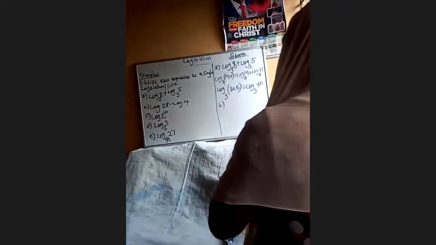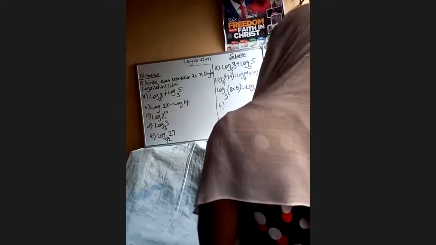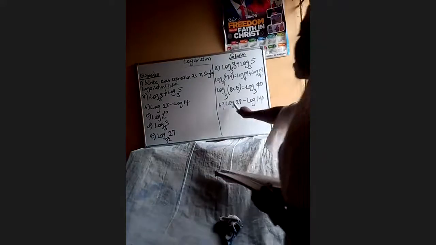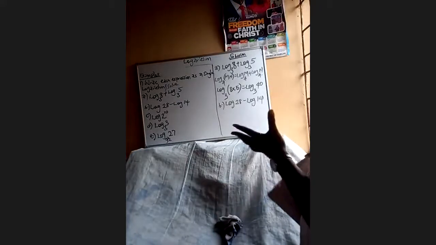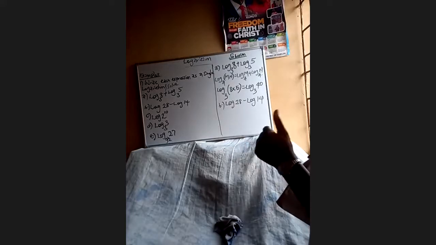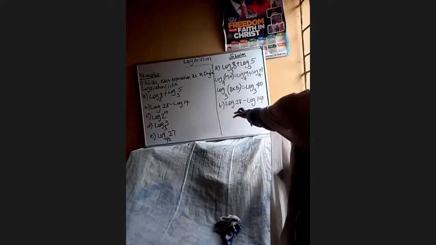The second question is logarithm 28 minus logarithm 14. Now, first off, when you see a logarithm without a base, it is approved or said that that logarithm has a base of 10 automatically.